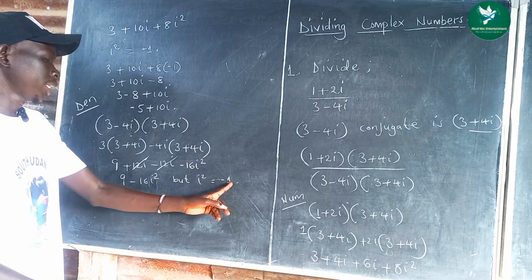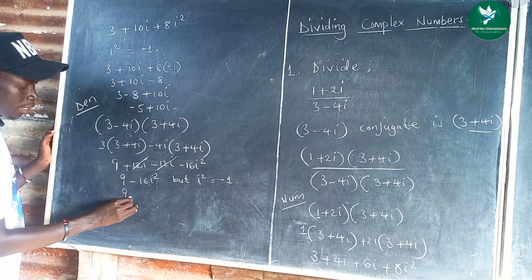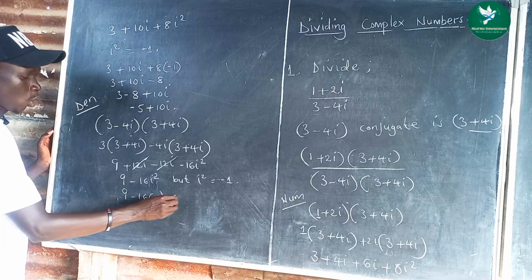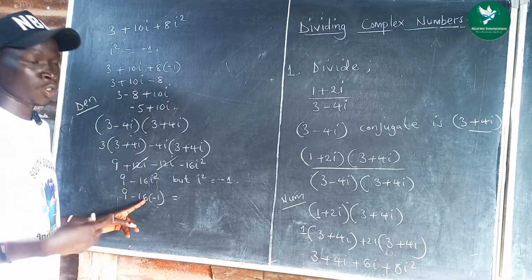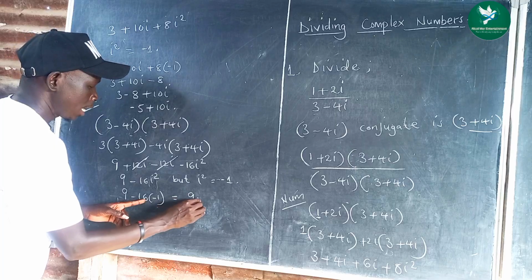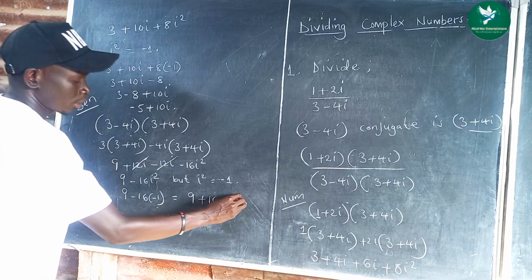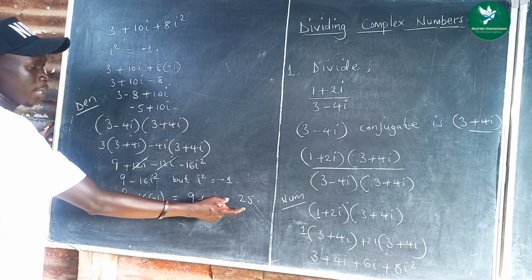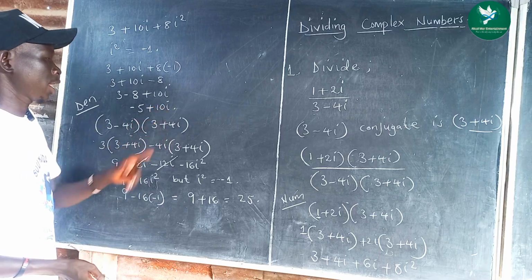Therefore, we substitute in negative 1 where there is i squared. We get 9 minus 16 multiplied by negative 1, and negative 16 multiplied by negative 1 gives positive 16. We have 9 plus 16, what will you get? We get 25. So the denominator is 25 and the numerator is negative 5 plus 10i.